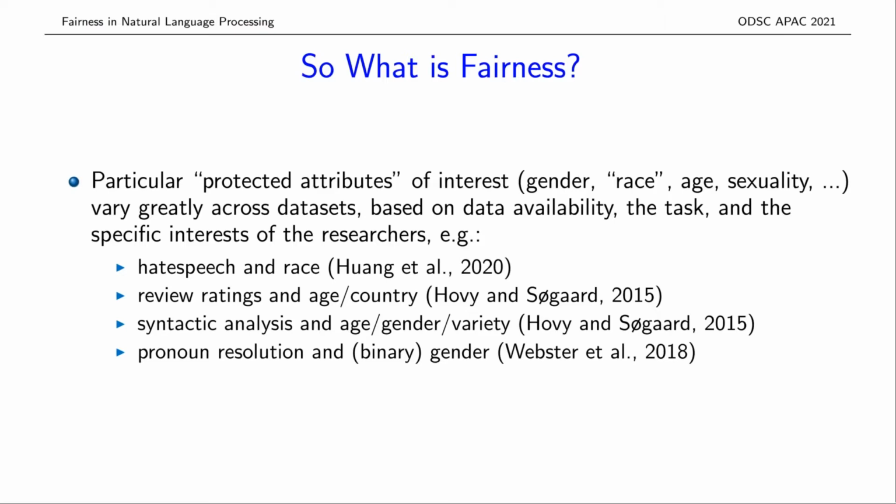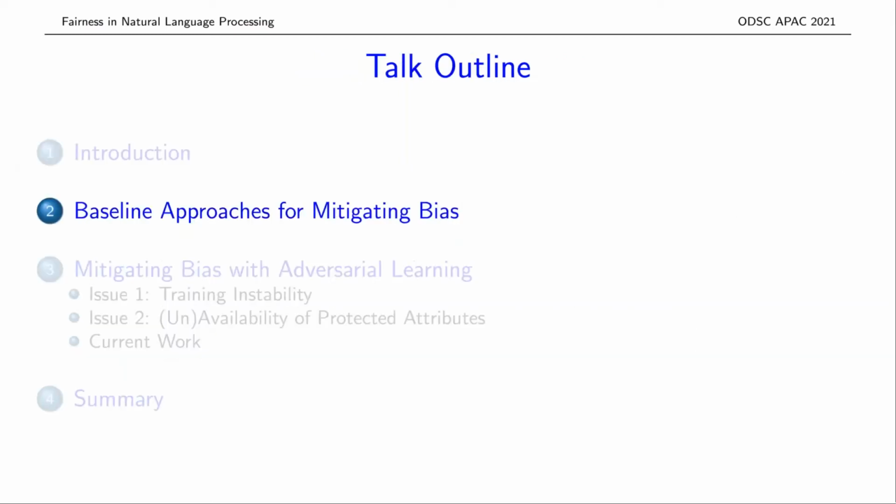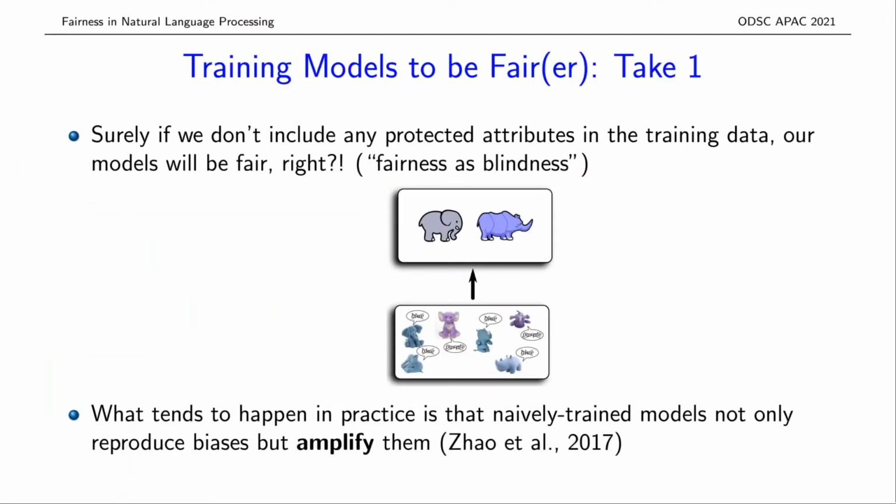Just some examples of that. It might be hate speech and race, or review ratings and source variables, such as the age or the country of origin of the person who's written that particular review, and so on. Okay, so we know there's an issue.